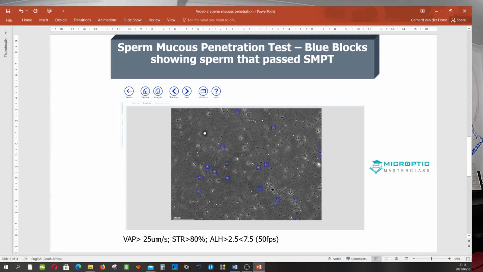And if the sperm actually managed to show a VAP above 25 micrometers per second, a straightness above 80%, and an ALH above 2 but less than 7.5, then according to these parameters, they have actually passed this mucus penetration test. And in this particular software of MICROPTIC, it puts blocks around those sperm which actually passed it.